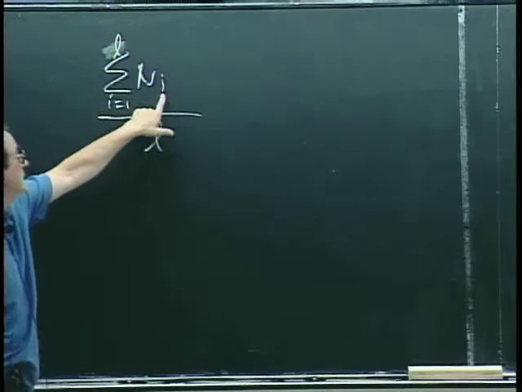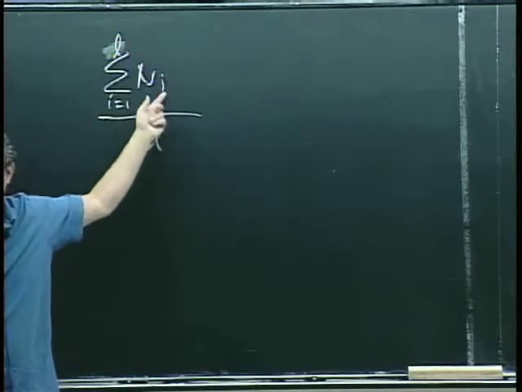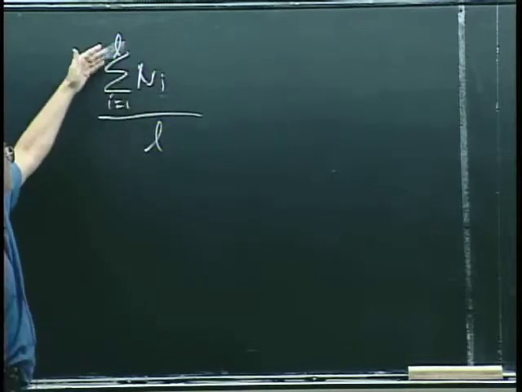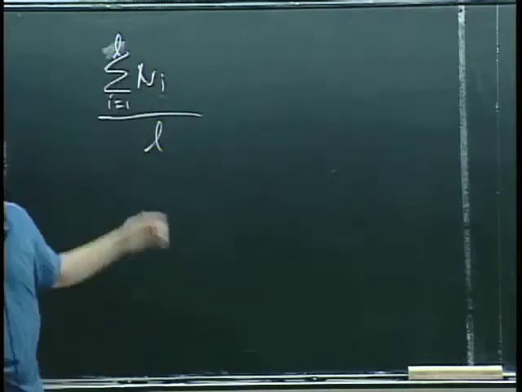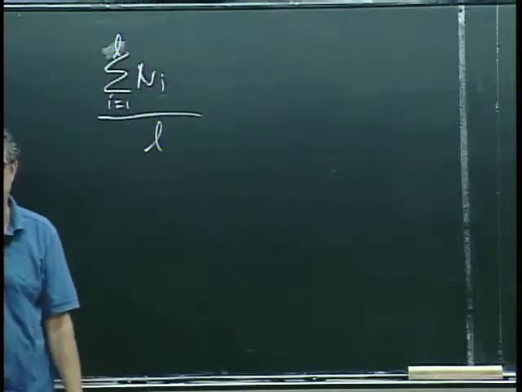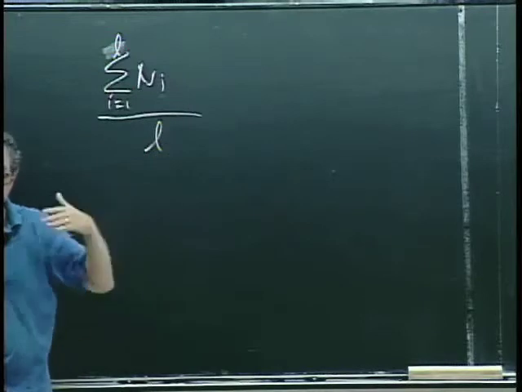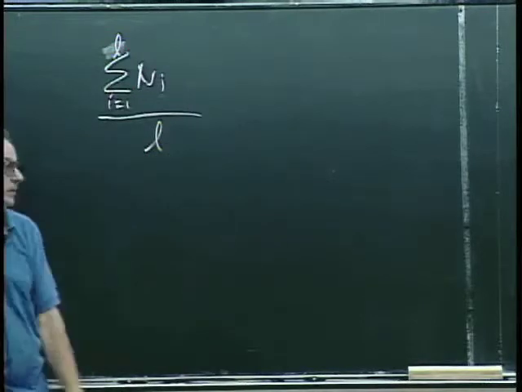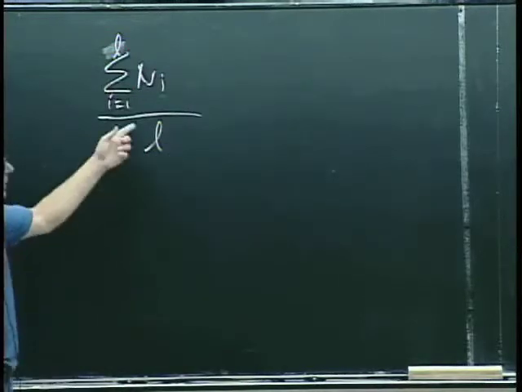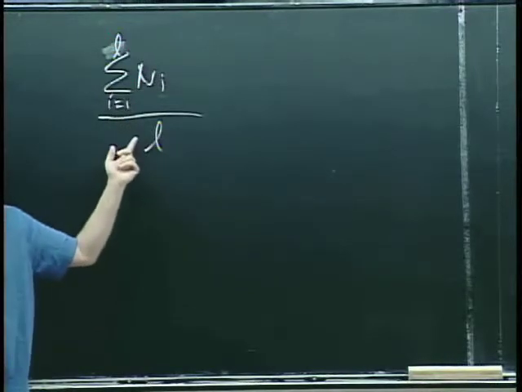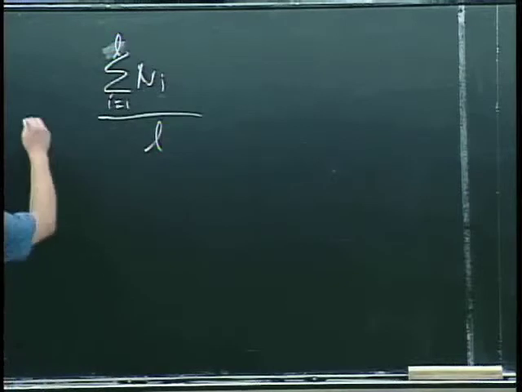N1 was the number of comparisons the first time you did it, N2 is the number the second time, and so on. So if you add these all up and divide by L, that's the average number of comparisons that are done. And that's something you can empirically compute for particular executions. Okay, any questions on what this is? And then in notation, does this make sense? Okay. But then what is this?